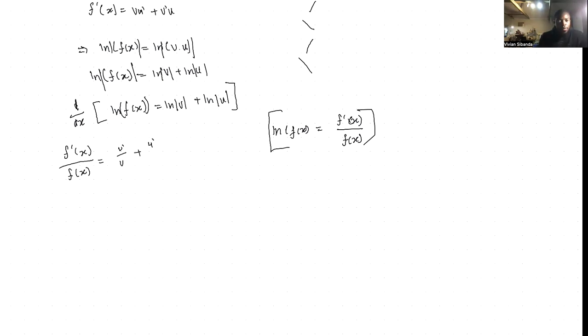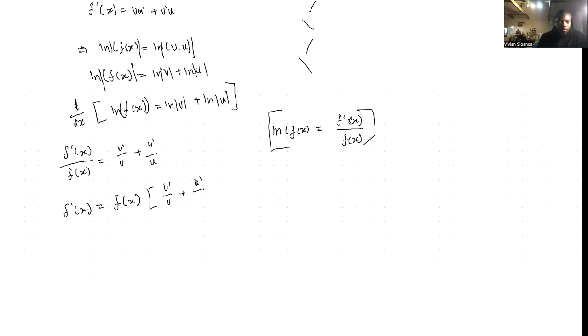So now we need to make f prime of x the subject. So f prime of x will result in the original function times v prime divided by v plus u prime divided by u.